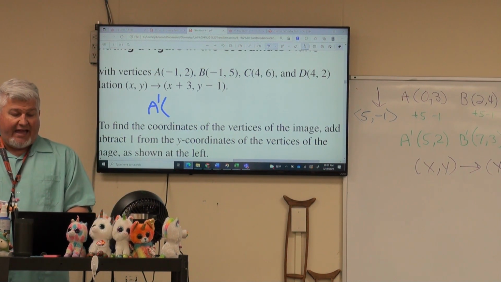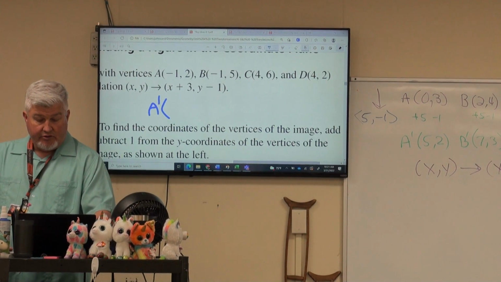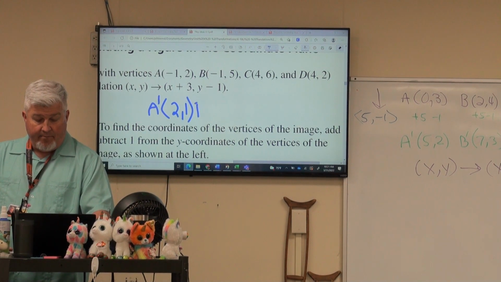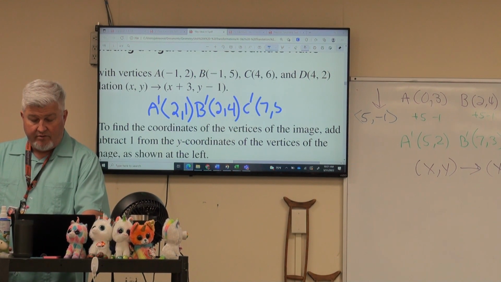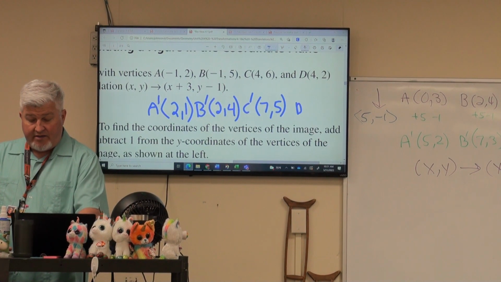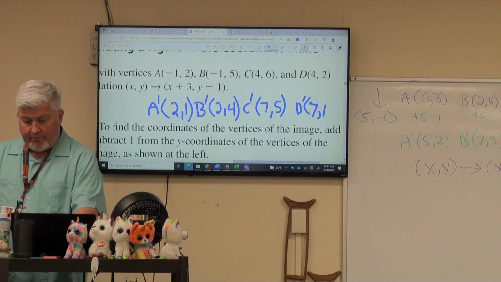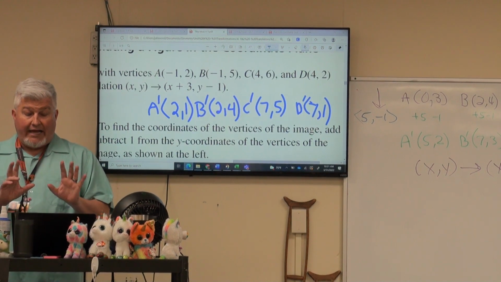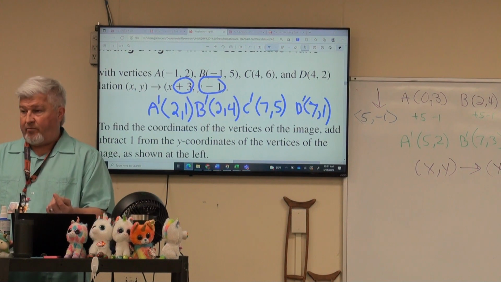What are the coordinates for my A prime? 2, 1. Plus 3, minus 1. My B prime is 2, 4. My C prime is 7, 5. And my D prime is 7, 1. I got that by adding 3 to every X value and subtracting 1 from every Y value.